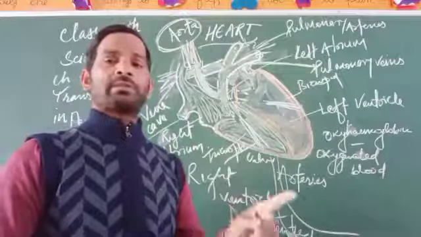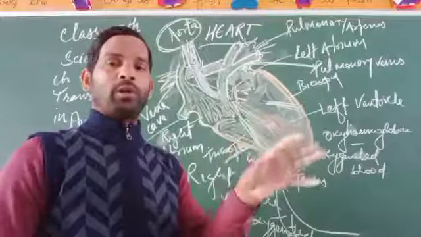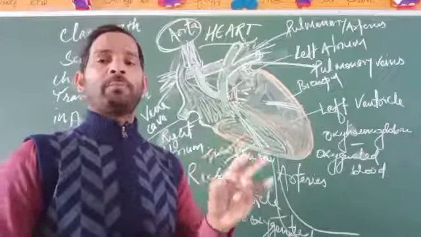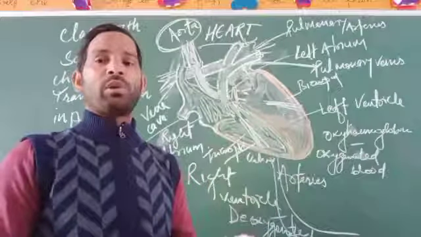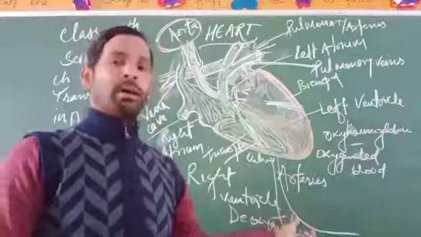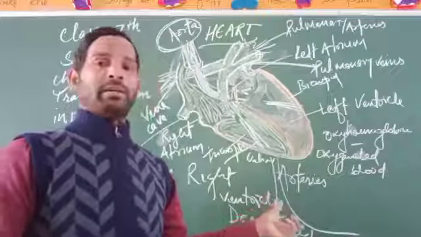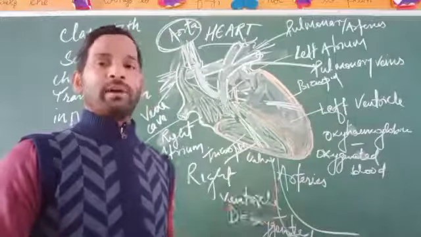So this deoxygenated blood comes from the whole body through the veins, by means of the main junction, the vena cava.